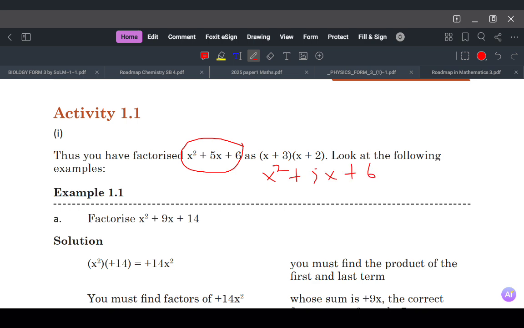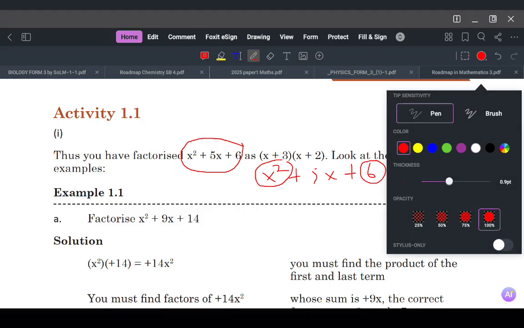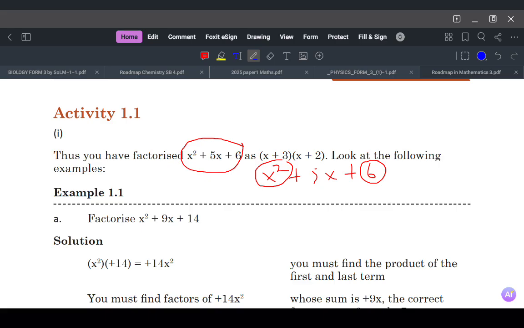So what you do basically is you consider the first term and the last term. You take these terms and multiply them out. For example, x squared multiplied by 6 will give you 6x squared.